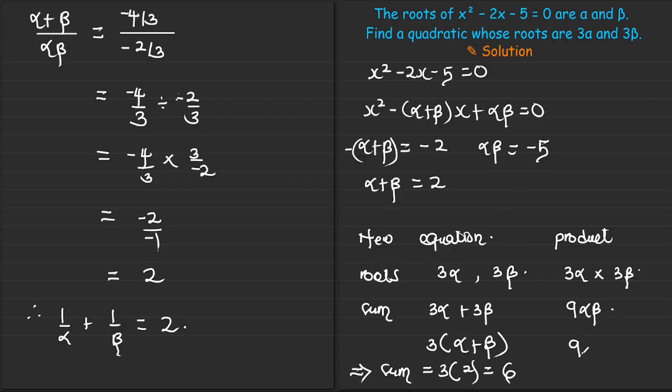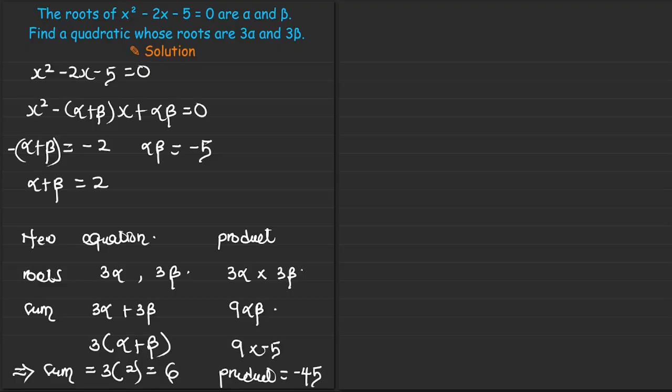So we have 9 times negative 5, which gives us negative 45. So the product of the roots of the new equation is negative 45. That is to say we know the sum of roots of the new equation, and we also know the product of roots of the new equation.